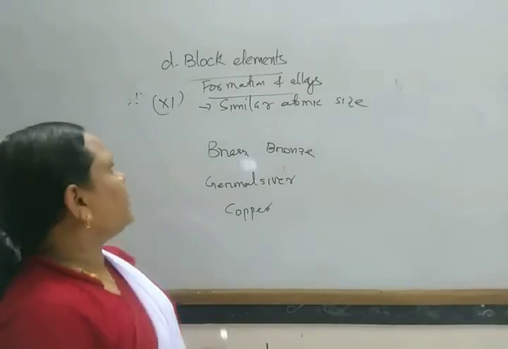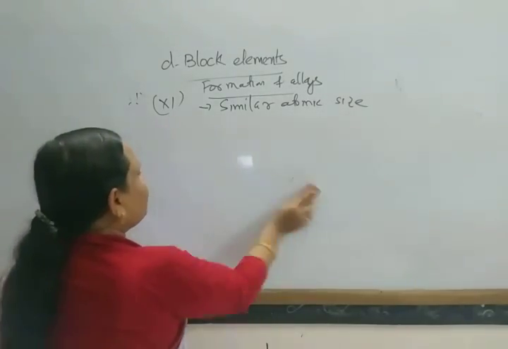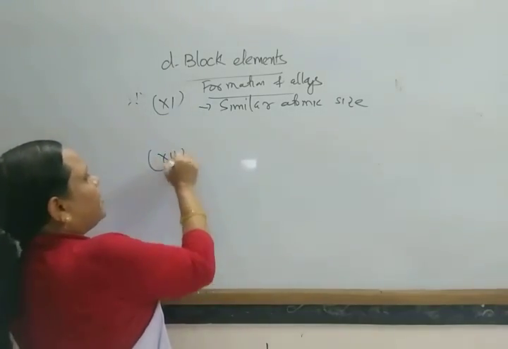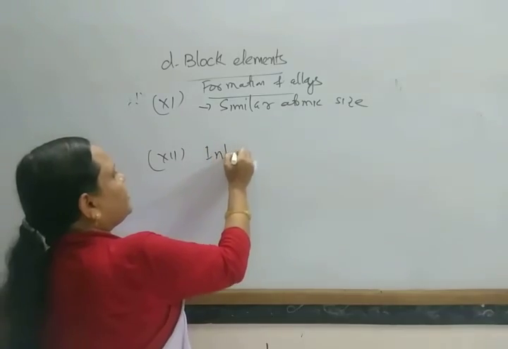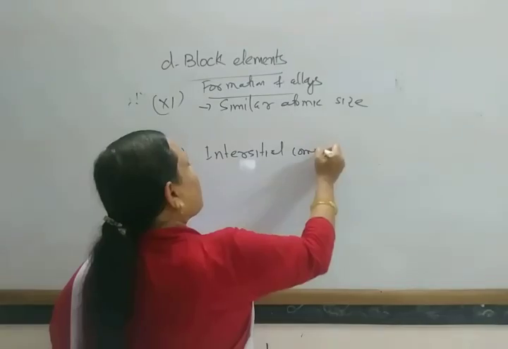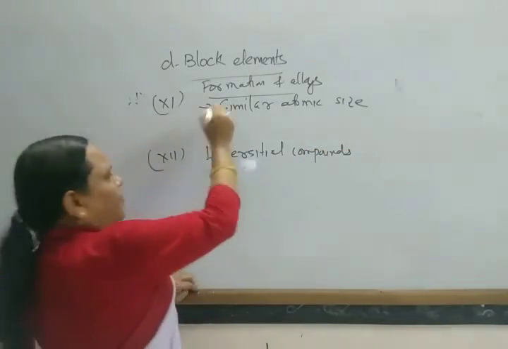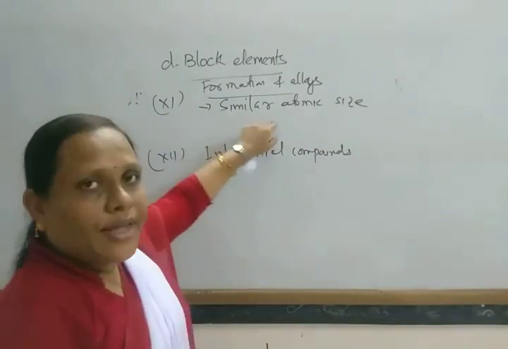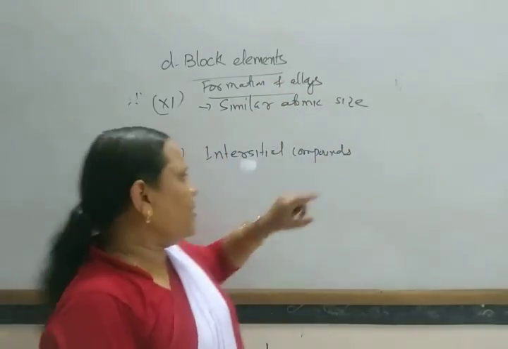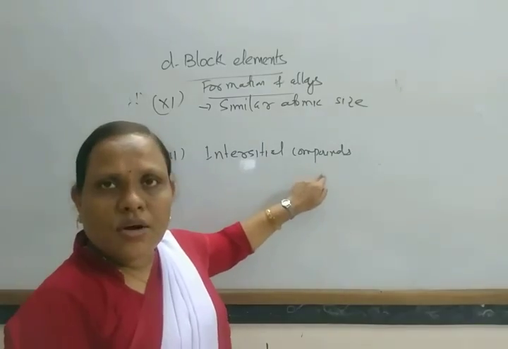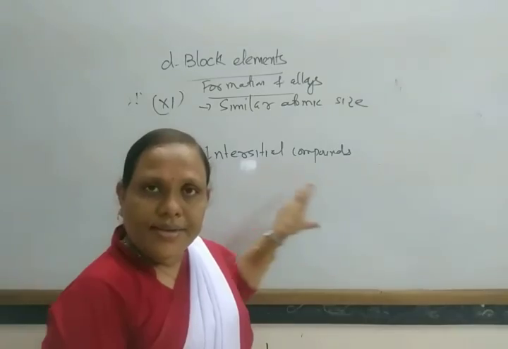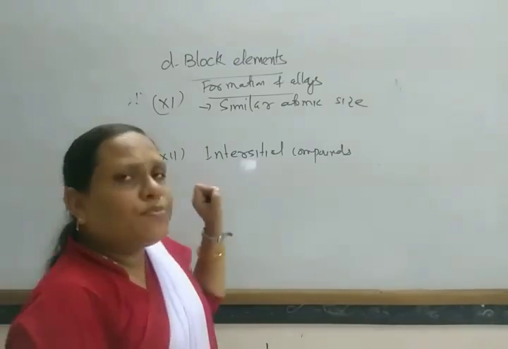And another property of these transition elements is that they form interstitial compounds. So in the case of alloys, in the lattice point of one atom, another atom is substituted. But in the case of interstitial compounds, after the arrangement of atoms in the lattice sites, what are the voids present?